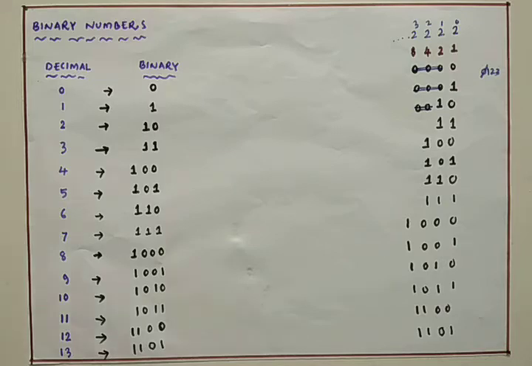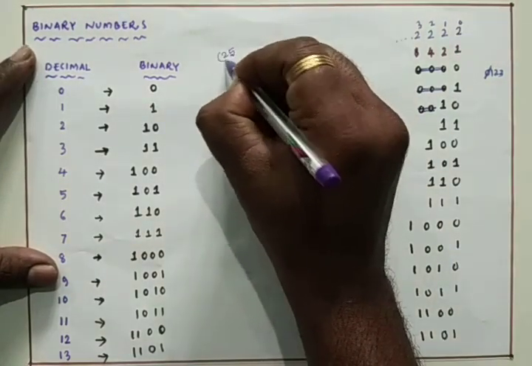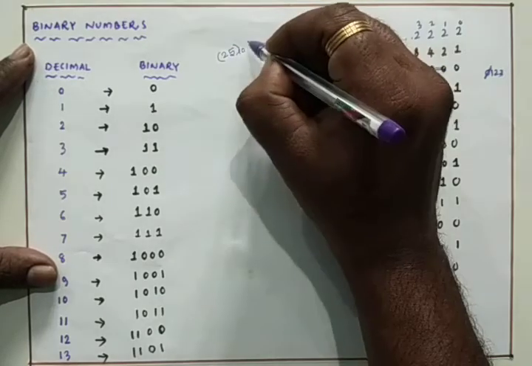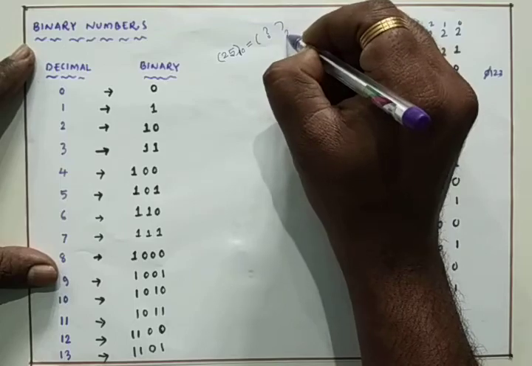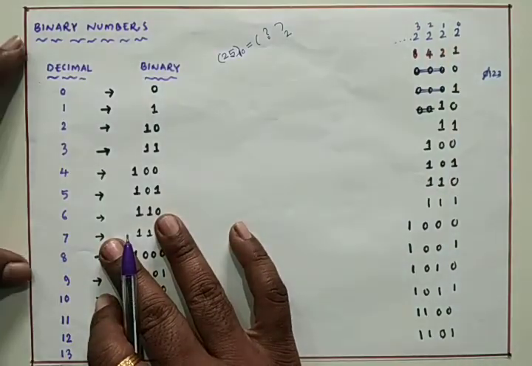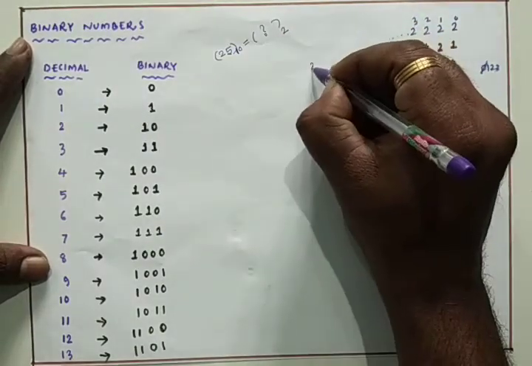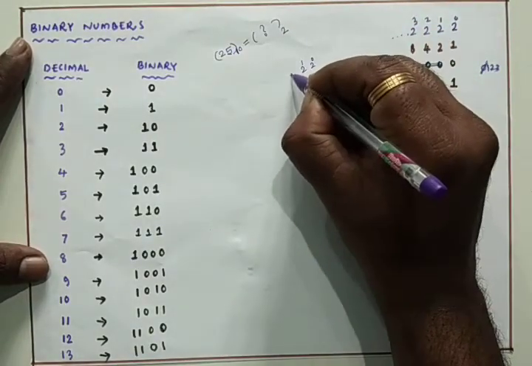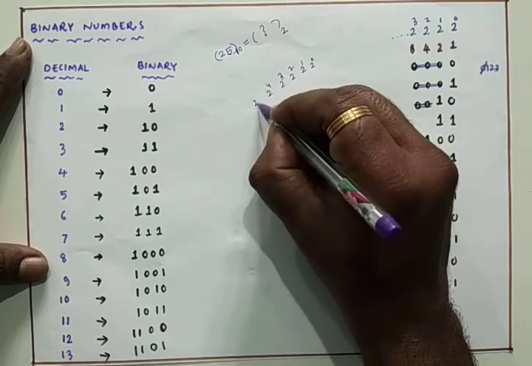If you are having 25, 25 base 10, what its equivalent binary number is we have to calculate. Two methods you can go with. First one, you have to go with 2 power of 0, 2 power of 1, 2 power of 2, 2 power of 3, 2 power of 4, 2 power of 5.